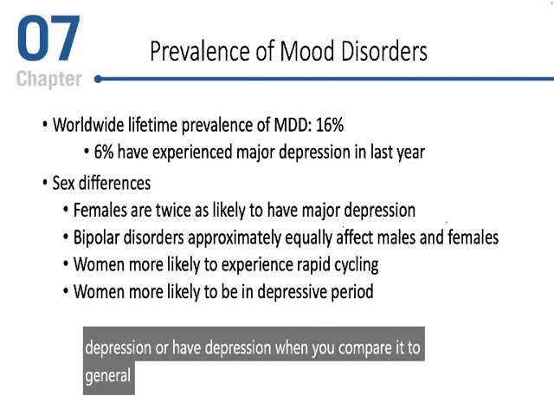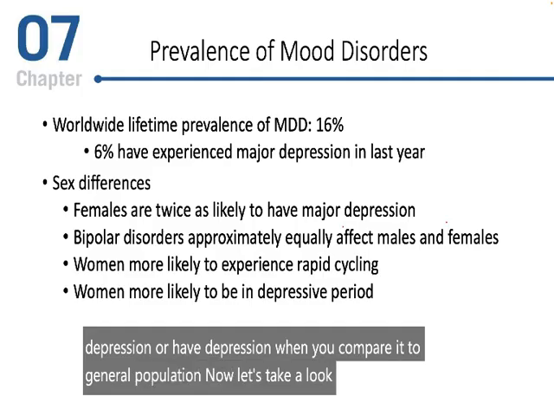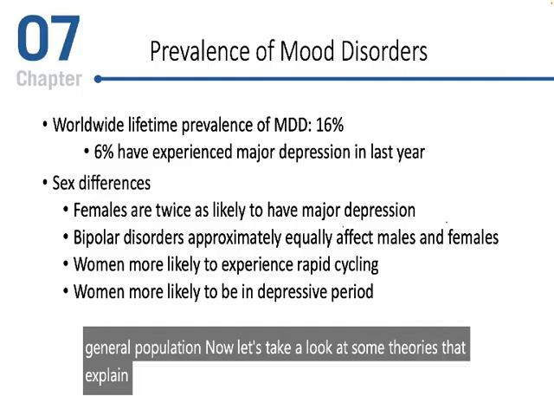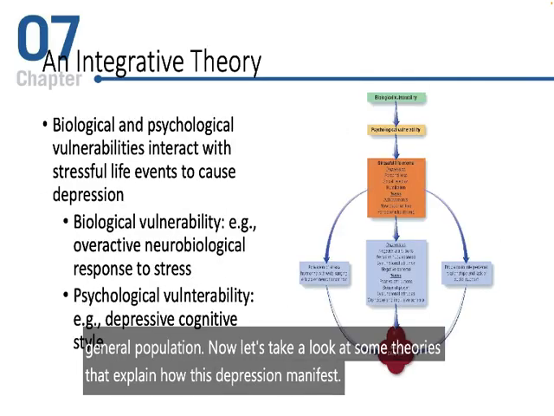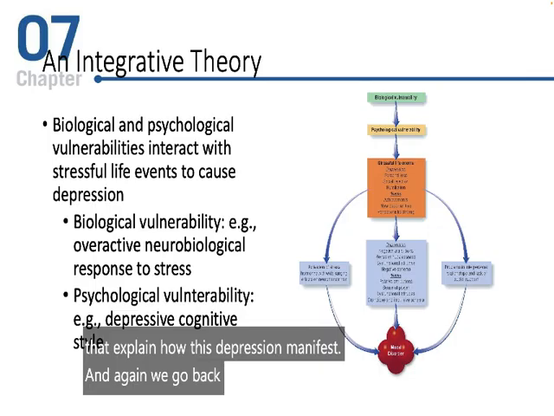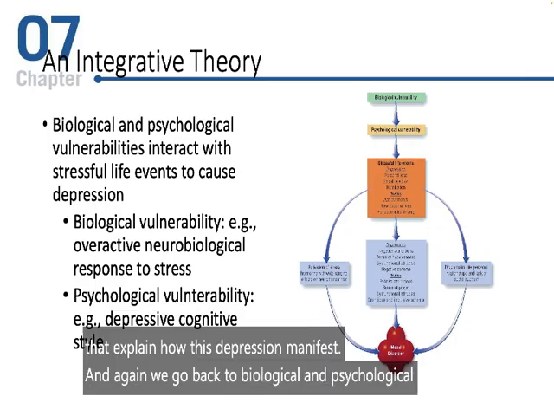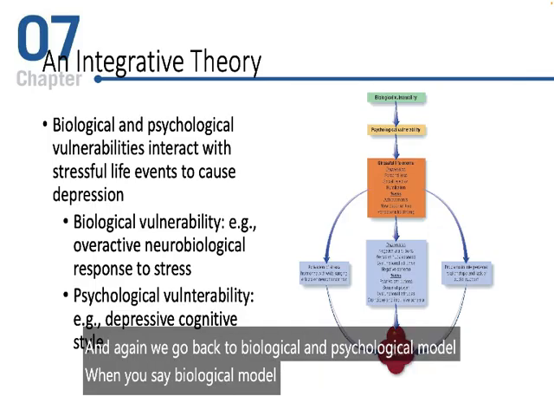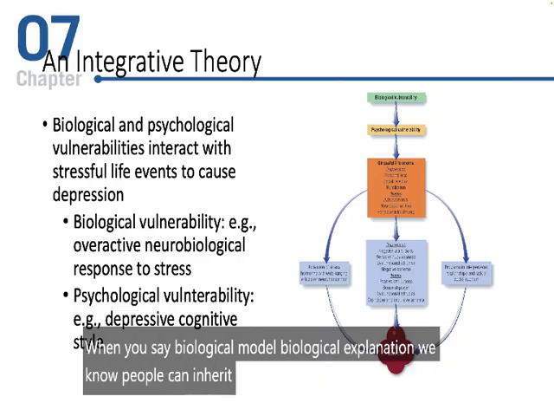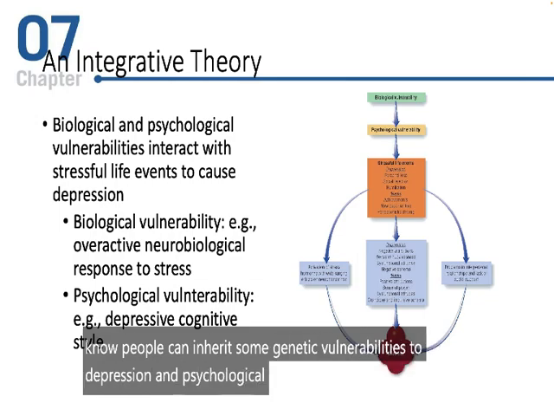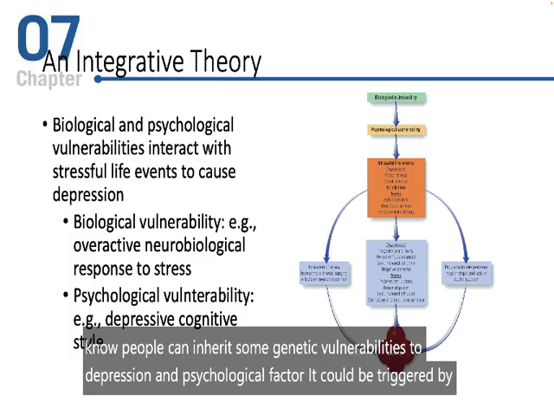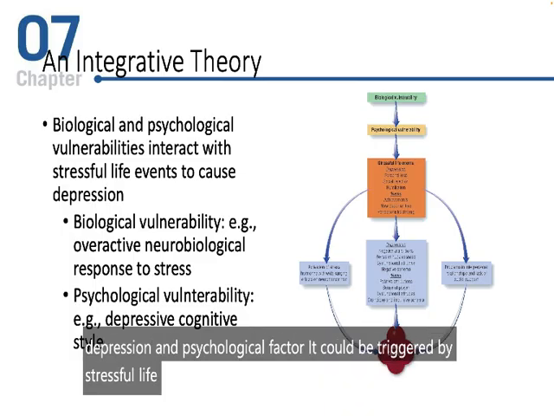Now, let's take a look at some theories that explain how depression manifests. And again, we go back to the biological and psychological model. When you say biological explanation, we know people can inherit some genetic vulnerabilities to depression. And a psychological factor could be triggered by stressful life events and your response to them, neuroticism, right?